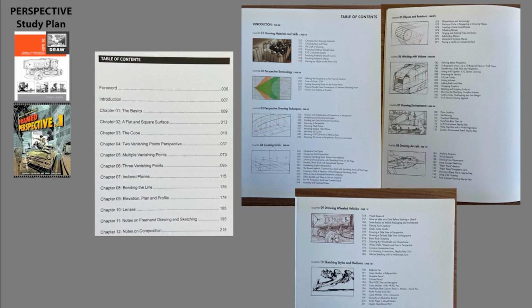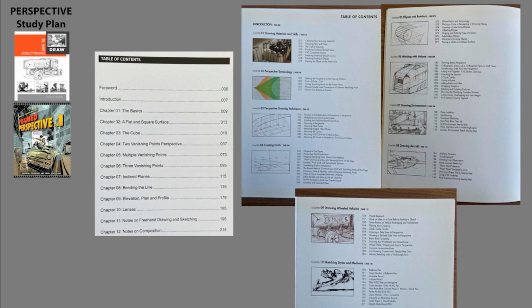But before we go ahead to the 6-part structure and divided into steps that I did, I want to discuss briefly the table of contents of both books together and understand a little bit of the structure that we're going to be looking at. Both books are going to discuss basics, so what's a horizon line, what's a line of sight, cone of vision, and so on.